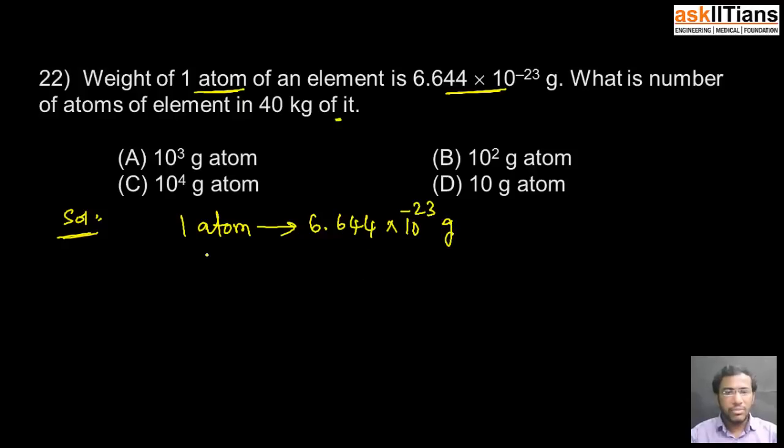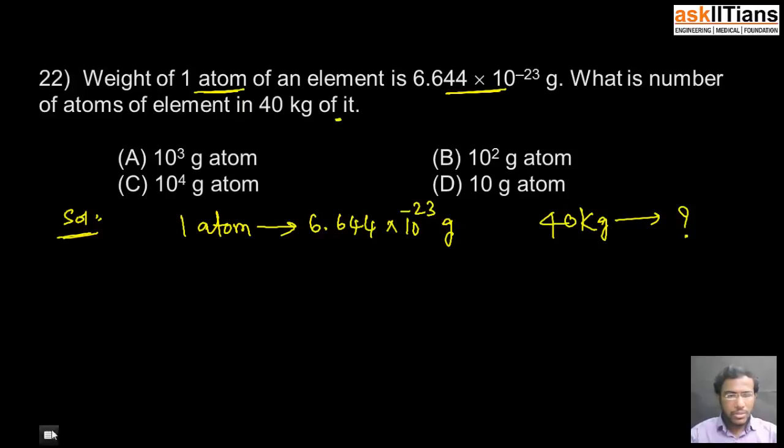This is the weight of one atom. We need to find how many atoms are there in 40 kg. A 40 kg sample of that element is taken and we have to calculate how many atoms will be there in it.